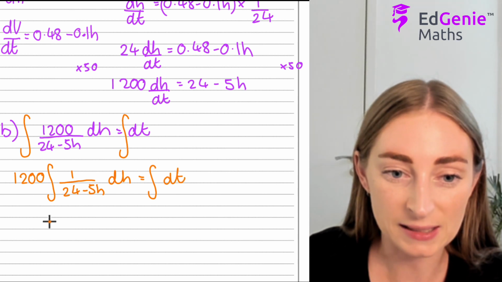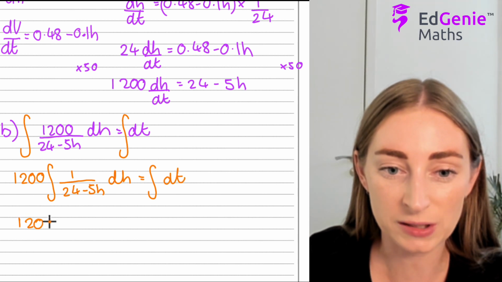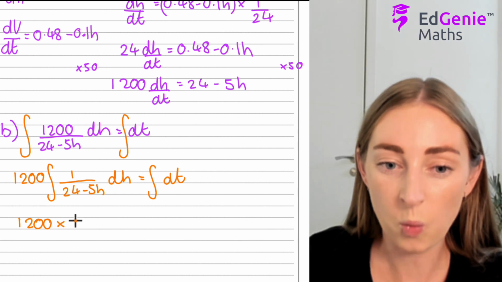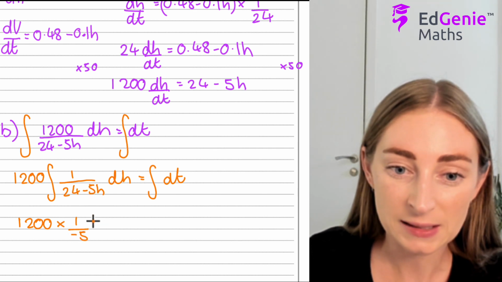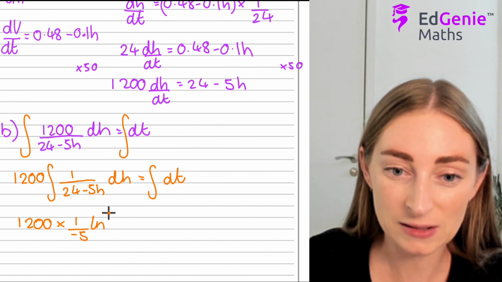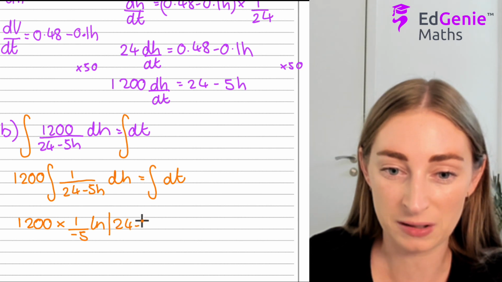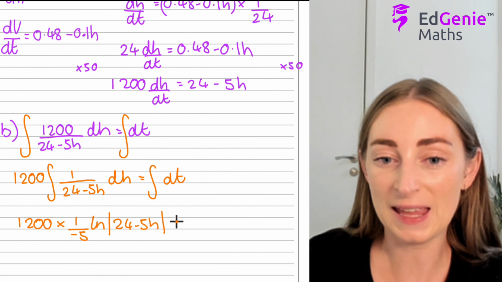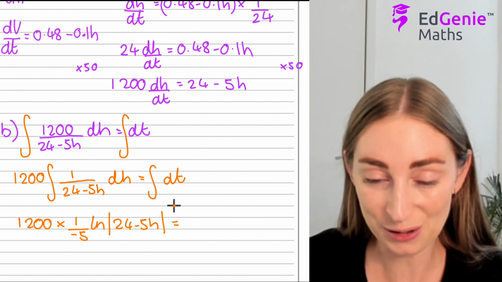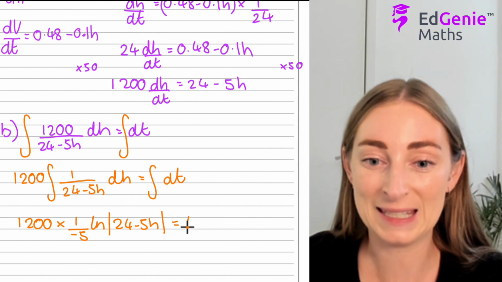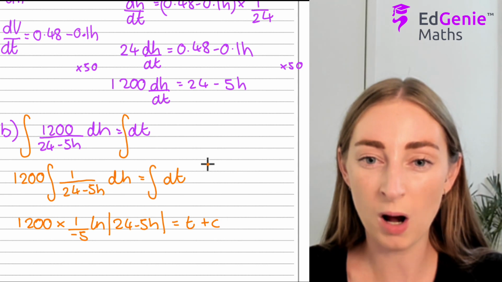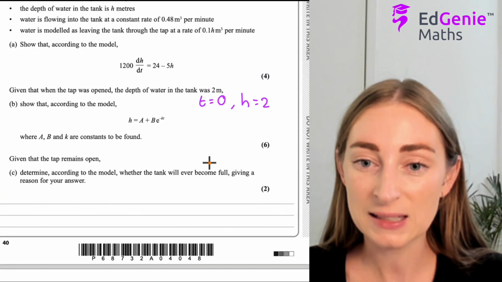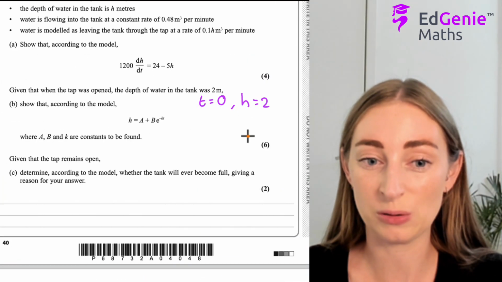So integrating this, I'm going to get 1,200 times 1 over minus 5 from here times ln 24 minus 5h. And that's going to equal the integral of this, which is going to be t, plus some constant c, which is why they told us t equals 0 when h equals 2.